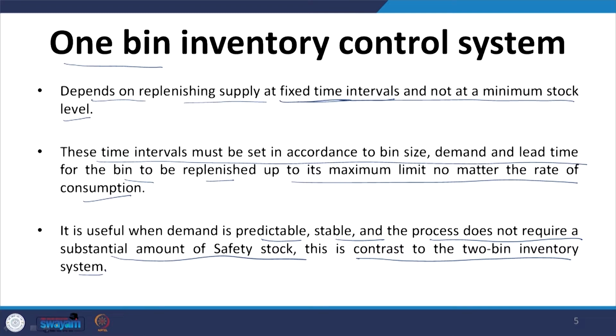Since we are using, most of the time in a one bin system, the fixed time interval system, it is only possible in a regular sense when you have constant demand. Going back to the example of the two-wheeler rider who rides daily to his office and back, he knows that daily consumption is about 750 milliliters, and you replenish your stock, let us say, by 3 liters each time, and using that 3 liters you are able to survive for 5 days.